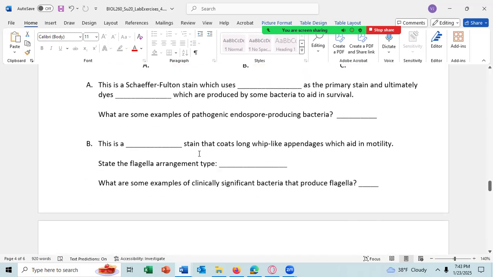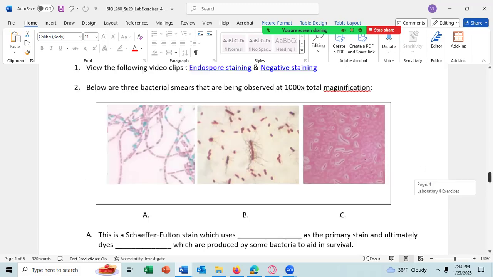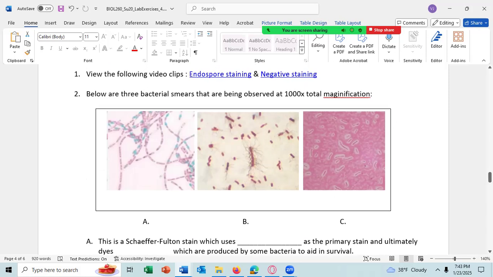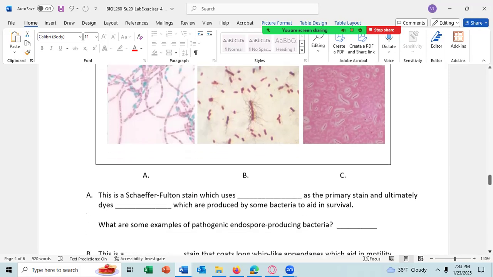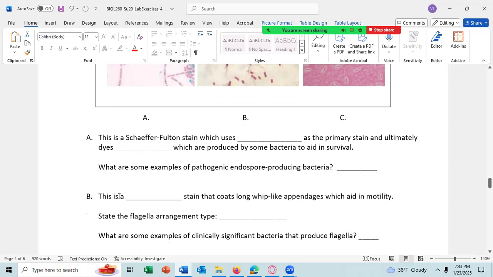In procedure 5B, referring to picture B, name the stain that coats long whip-like appendages which aid the cell in motility. So this is the stain here. So name the stain. And then in 5B2, state the flagella arrangement type that you see in the picture.